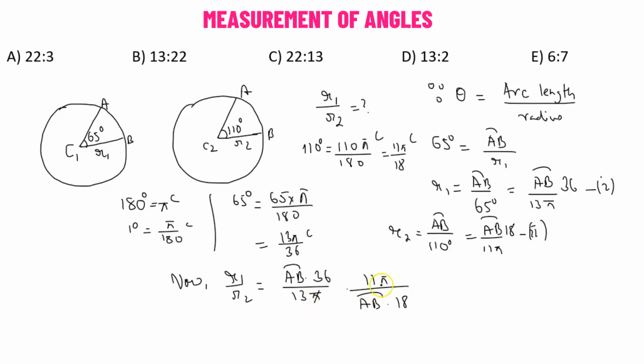So here we can cancel out pi from both sides, pi from the numerator and the denominator. We can also factor out the arc length AB, and then we are left with 36 times 11 divided by 13 times 18. So this will correspond to 22 over 13, and we see that option C is going to be the correct answer.